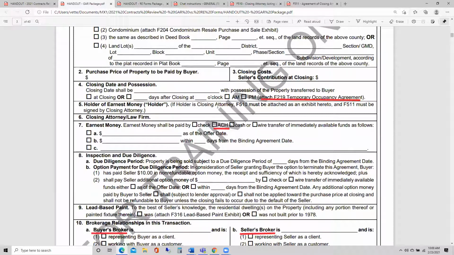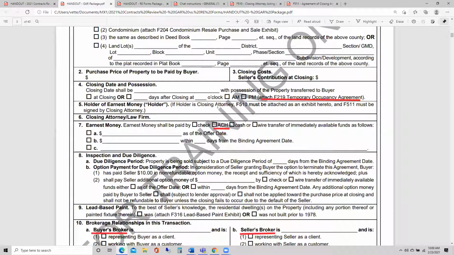In the GAR in and of itself, or in the RE forms. That means if you put down that the closing attorney is the holder of the earnest money in the GAR, and you do not include the F511, they don't sign it, they don't have to perform any of the responsibilities as holder of the earnest money.